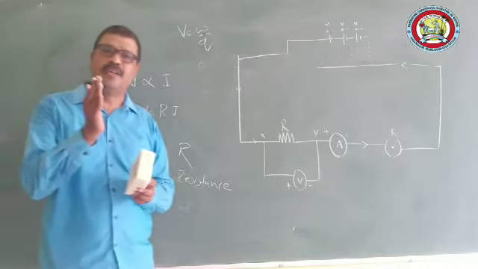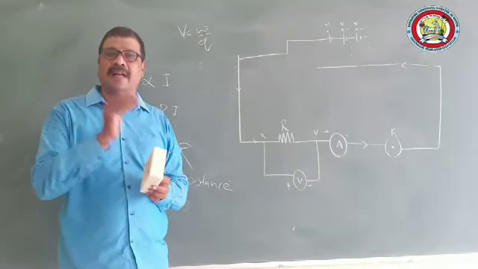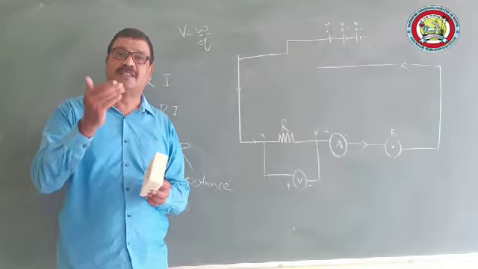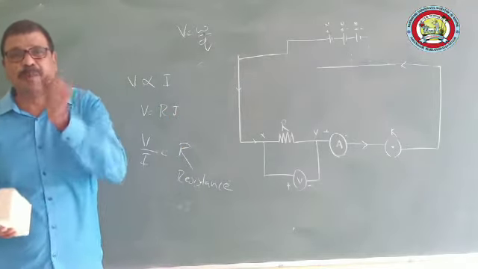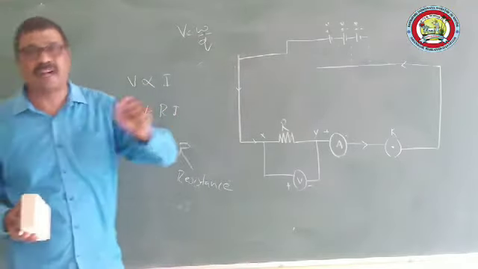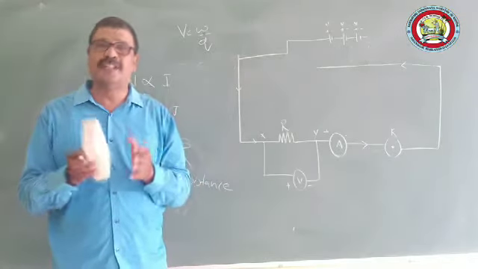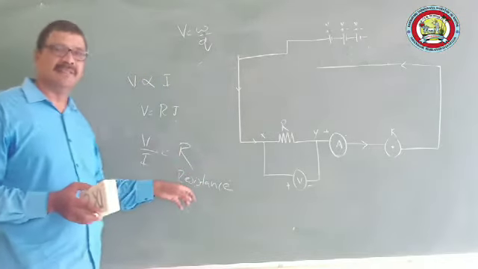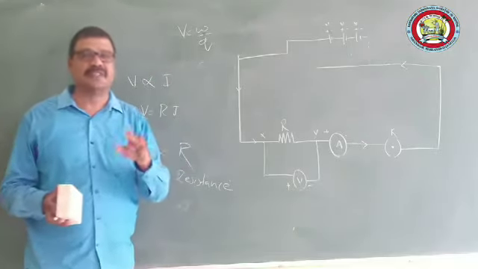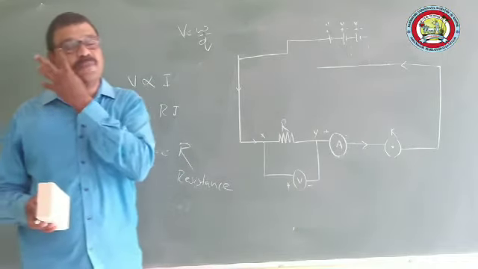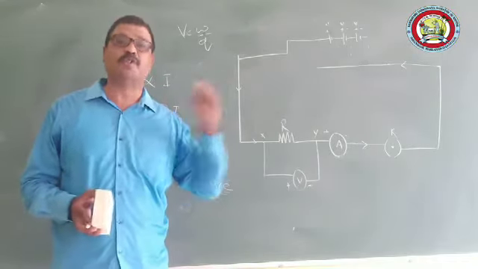Due to these collisions, the electrons will come to rest momentarily before they start moving again. These collisions are nothing but the resistance. These are collisions between the electrons and also collisions between the electrons and the positive ions.